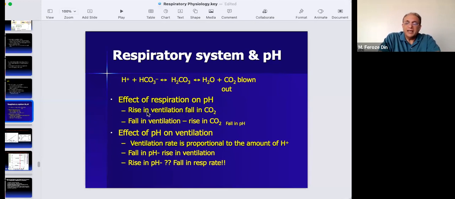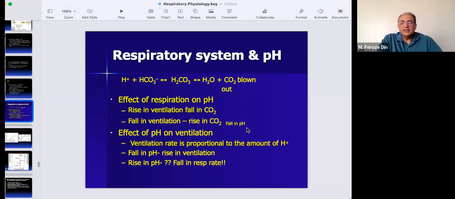Saying that again, if you hyperventilate, you reduce carbon dioxide, that will cause blowing out of acid, thereby resulting in a higher pH. On the other hand, if the ventilation level falls, this will cause accumulation of carbon dioxide and thereby a fall in pH, because more carbon dioxide means more acid.